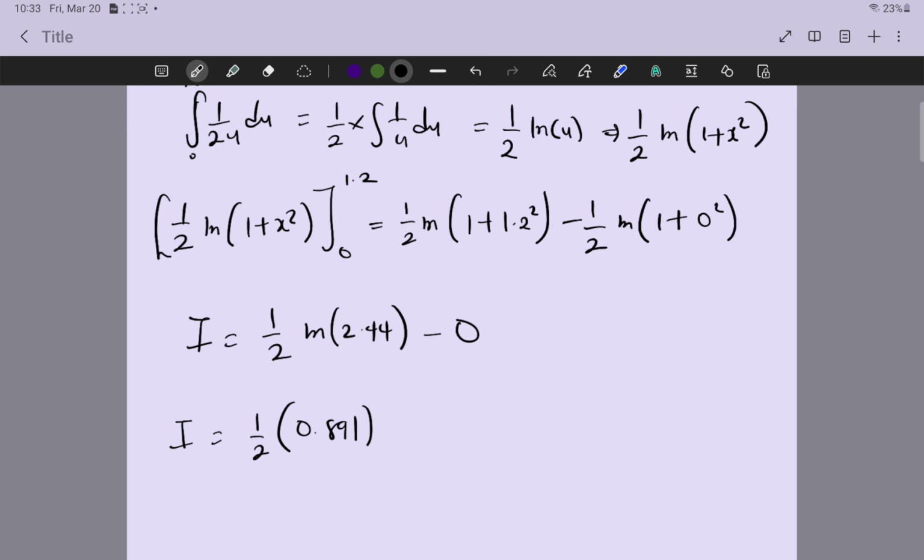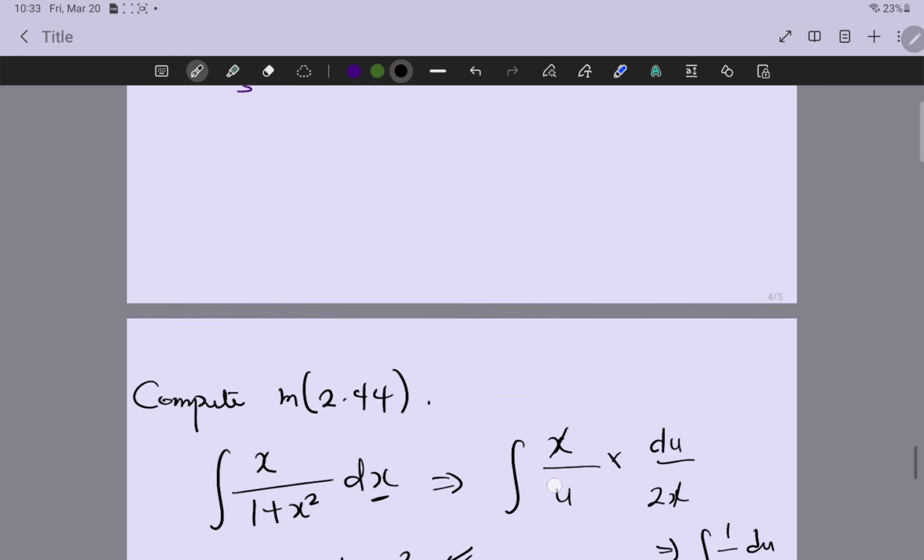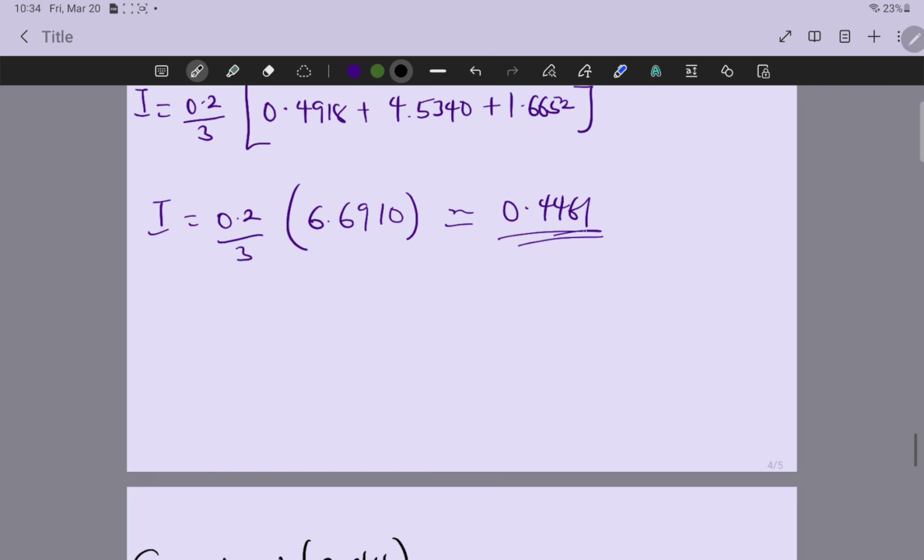If we divide this, 0.891 divided by 2, we're going to have 0.4455. So you see that here, using Simpson's 1/3 rule, we have 0.4461.